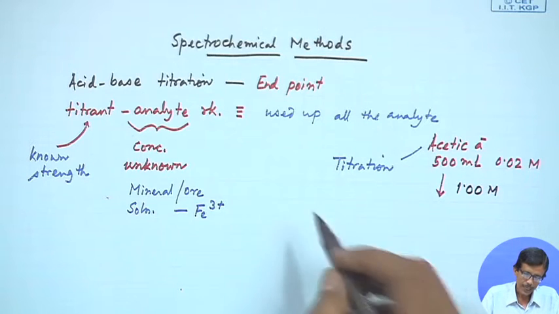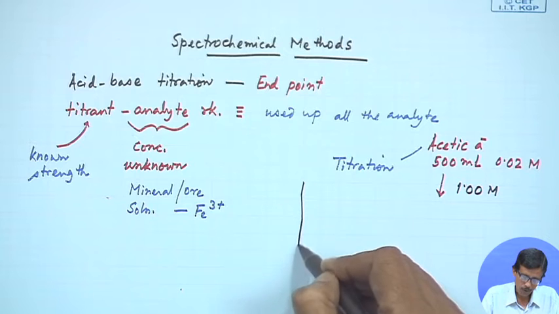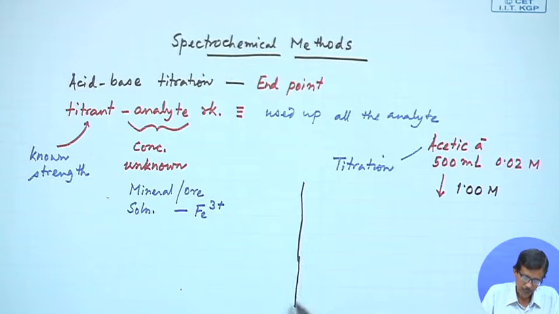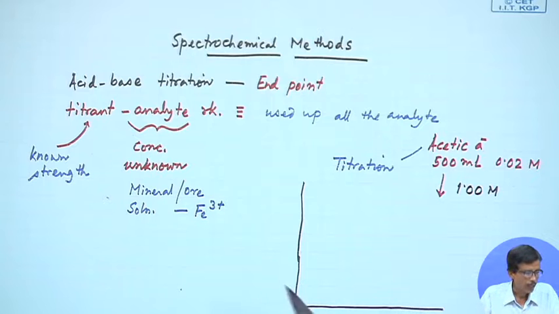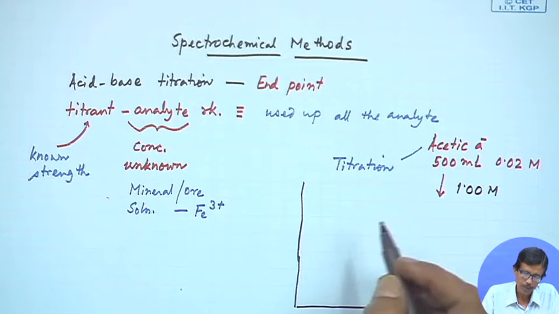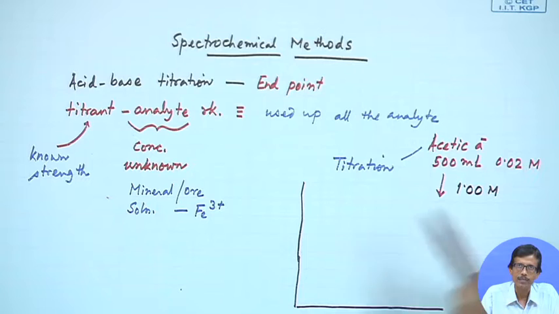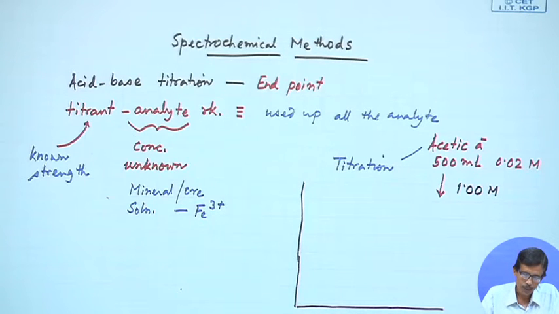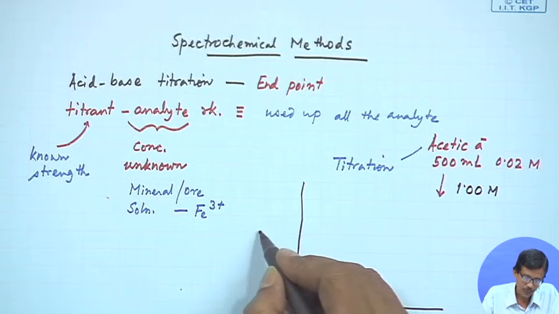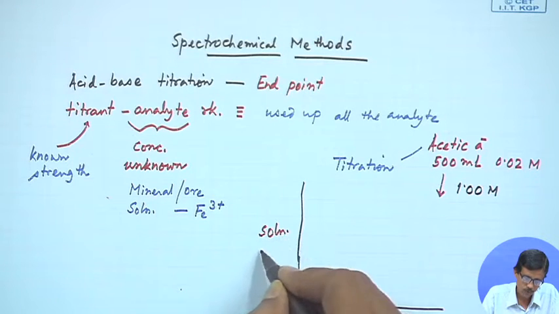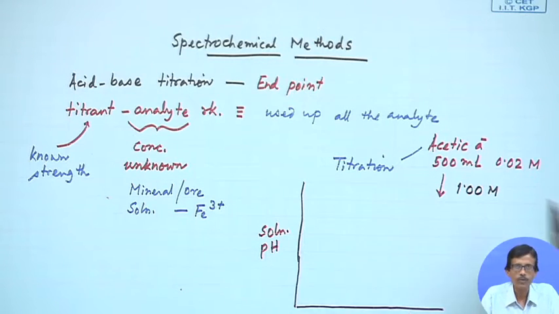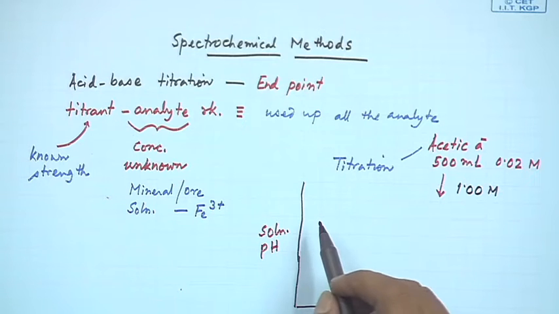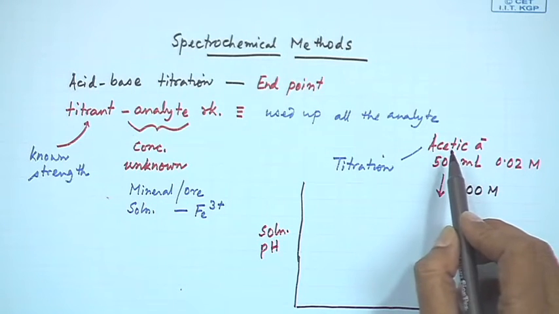So how can we get a plot where we see the corresponding change in the pH values? That means in this acid base titration reaction, how can we monitor the corresponding change in the solution pH values?